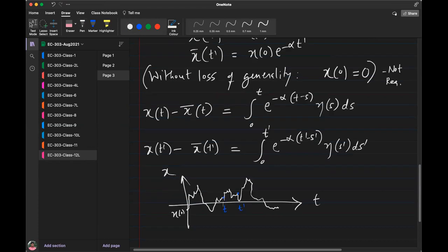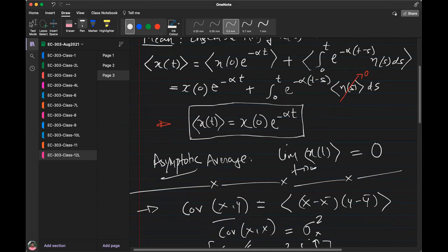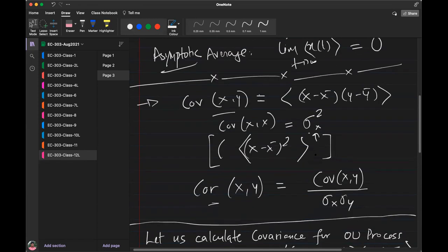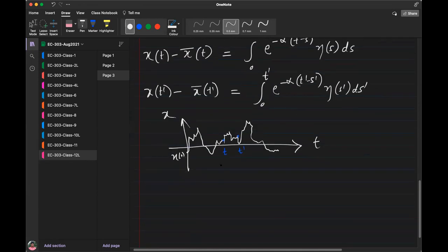How do we know that? We know that from this. The average is x0 times e power minus alpha t, so the asymptotic average of this xt is basically 0. That means that xt is going back and forth equally likely. That's what we know. We still don't know the other details exactly. So this is a possible trajectory. We are looking at 2 points t and t prime.